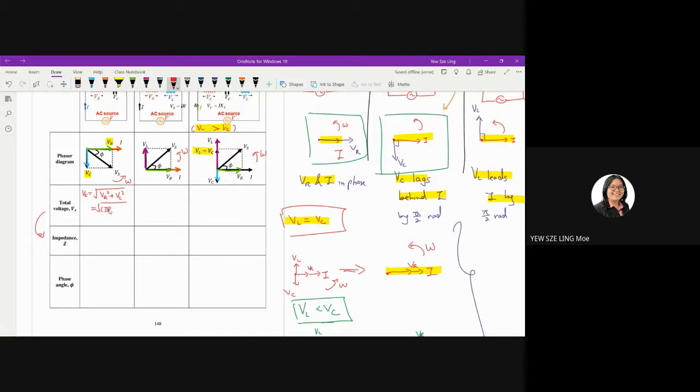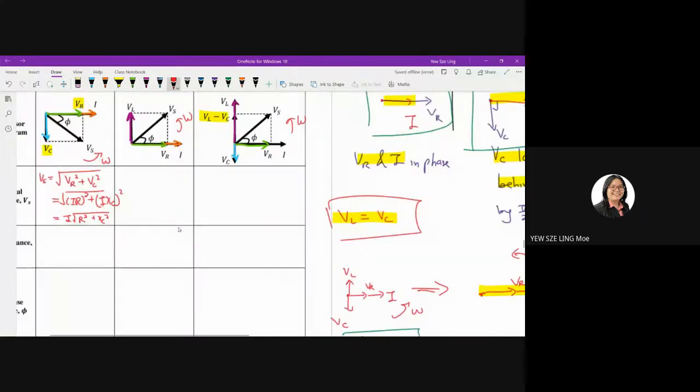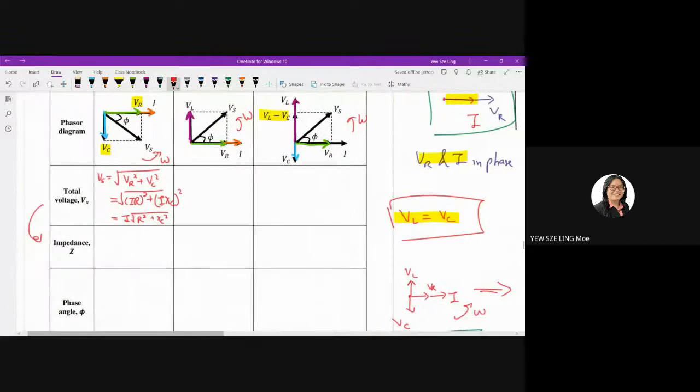It becomes the square root of (IR) squared plus (IXC) squared, which equals I times the square root of R squared plus XC squared, when you factorize it out. So that is the method that can be used to calculate Vs.